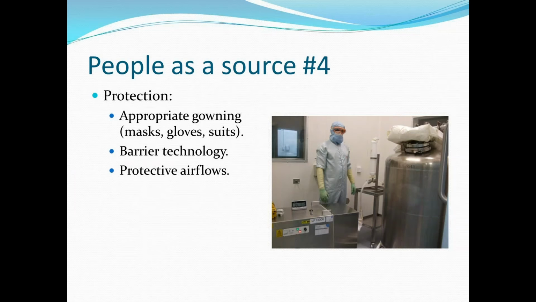But we should be able to control this through good clean room design, good control of air, and through good gowning. And where anything more important needs to take place, through protective airflows, which would apply to steriles and non-steriles, and in sterile pharmaceuticals through the use of barrier technology. We can also assess the risk through a well-constructed environmental monitoring program.